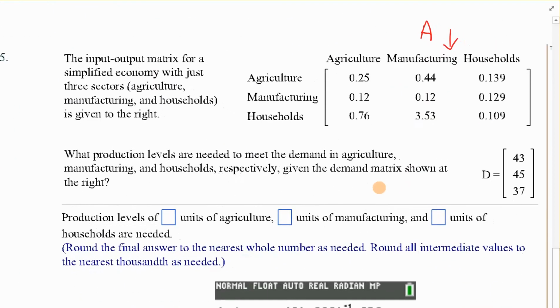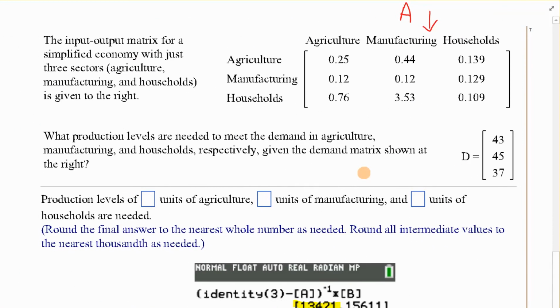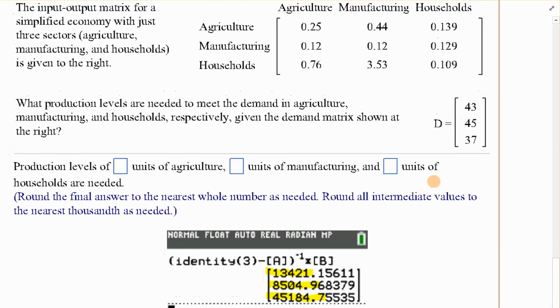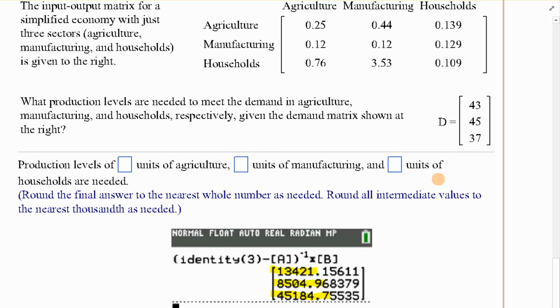All right, number 5. The input-output matrix for a simplified economy with just 3 sectors, agriculture, manufacturing, and households, is given to the right. What production levels are needed to meet the demand in agriculture, manufacturing, and households, respectively, given the demand matrix shown at the right? So, really lots of words, but we're just doing the same thing.